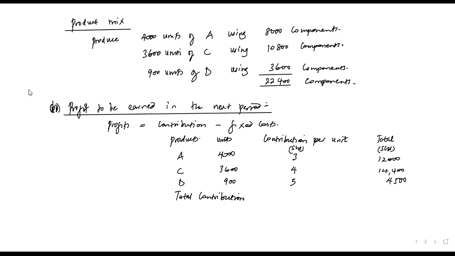We just need to add these: 12,000 plus 14,400 plus 4,500. This gives us 30,900. Then, of course, I'll list the fixed costs.